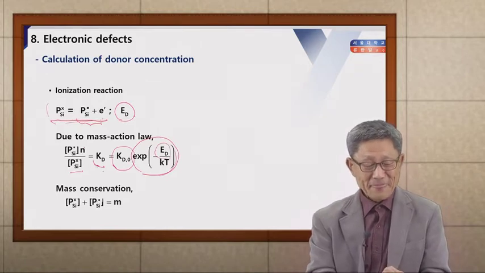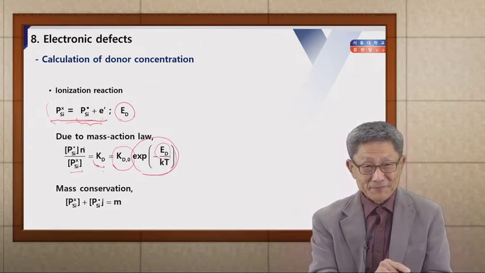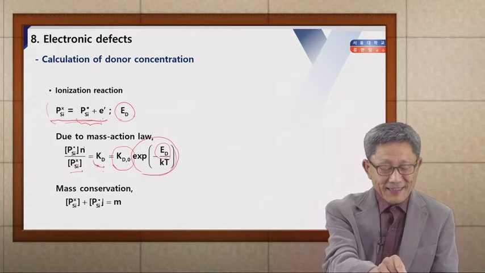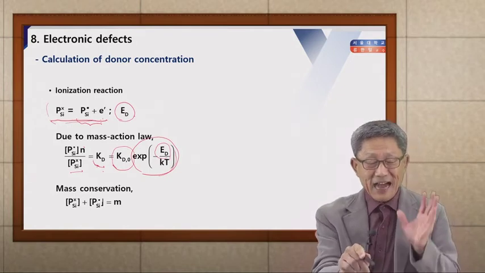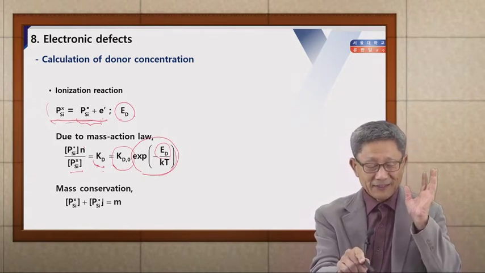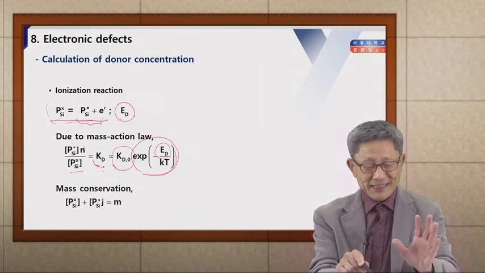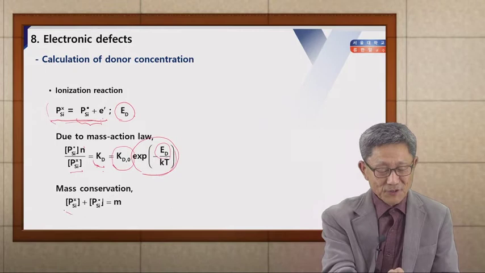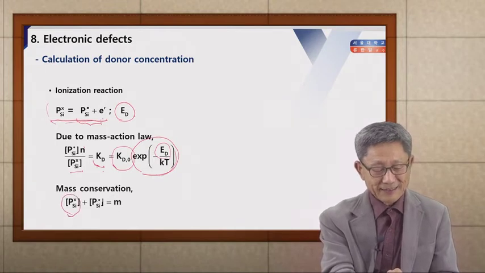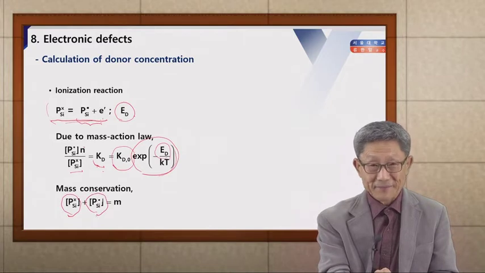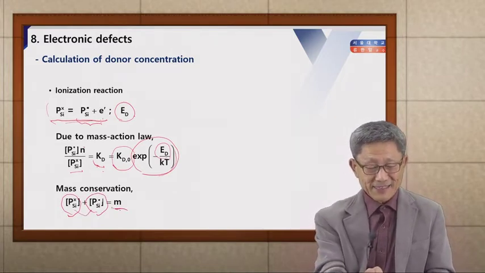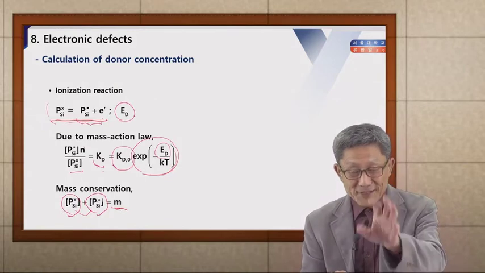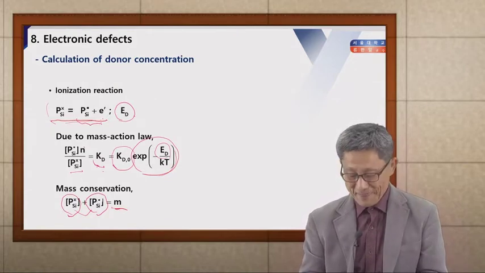And one thing you have to remember, it doesn't matter how much is ionized, always mass should be conserved. Therefore, neutral phosphorus ion and pentavalent phosphorus ion, their sum should be constant. Actually, this is the amount you originally doped your crystal.